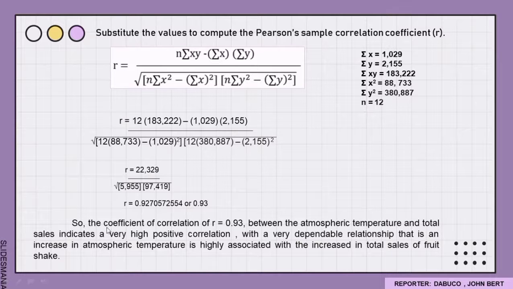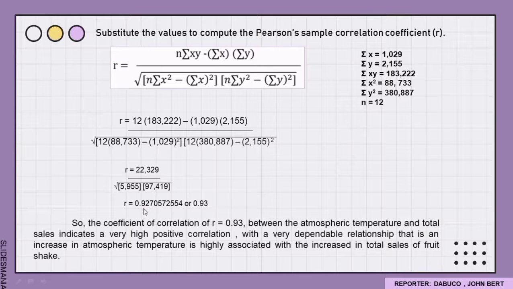So simplify. We have R equals 22,329 divided by the square root of 5,955 times 97,419. So we have now the values to calculate that.